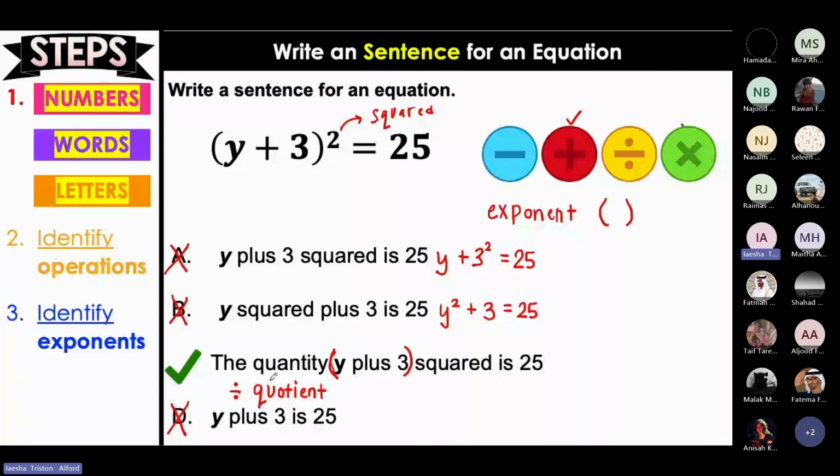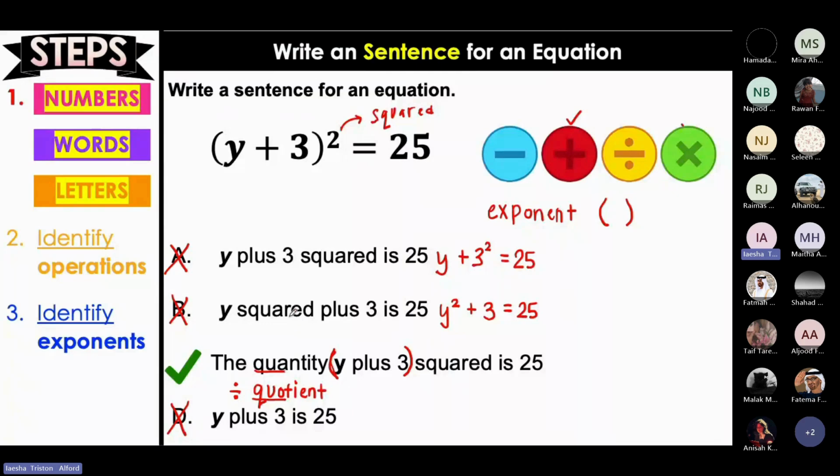Quantity is parentheses. They're close, very close, right? This one, quantity. This one, quotient. This one has QUA, and this one has QUO. The quotient is for divide. Good question.